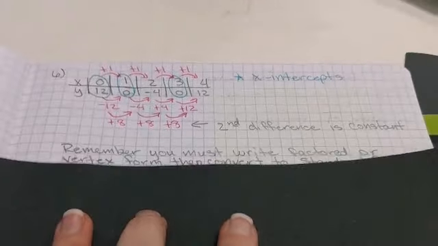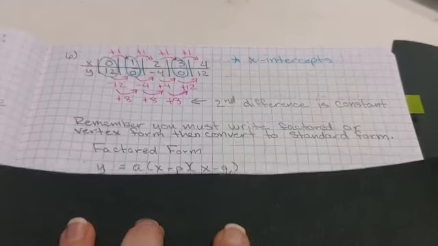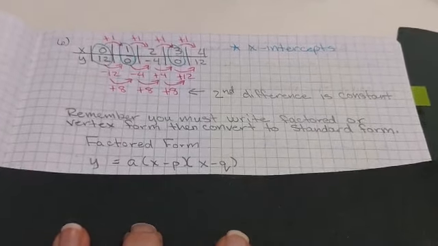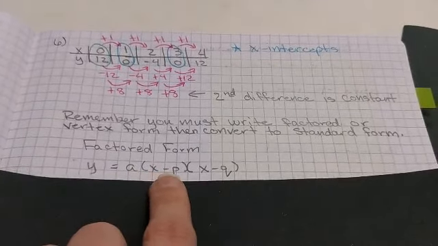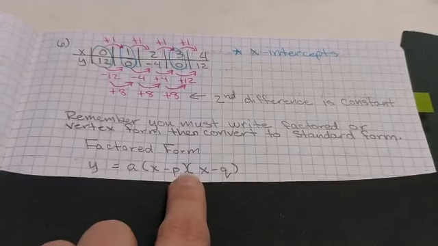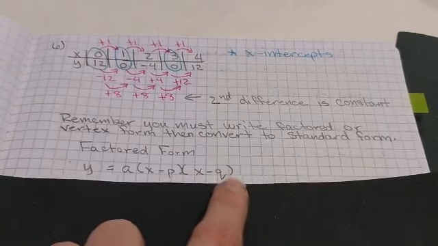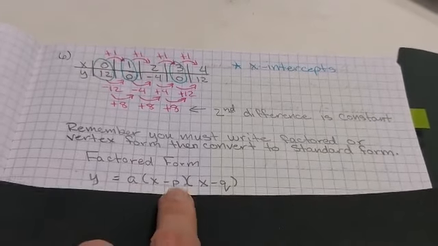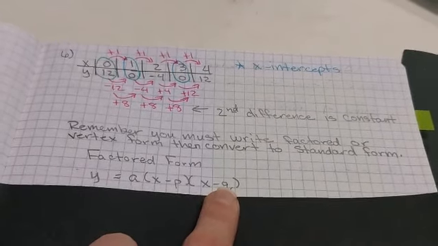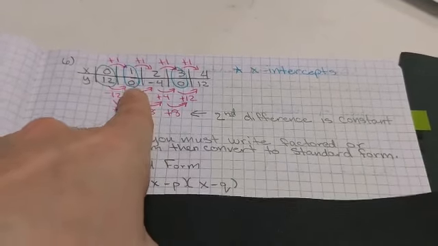So remember, our factored form is y equals a, parentheses, x minus p, close your parentheses, parentheses, x minus q. Now remember, this p and this q are opposite signs from our table.